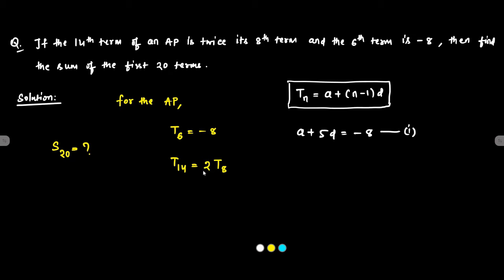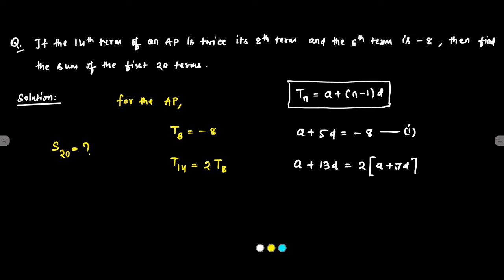Then we have T14 is equal to 2T8. So T14 is A plus 14 minus 1 into D. 14 minus 1 is 13. So A plus 13D is equal to 2 into T8, that is A plus 8 minus 1 into D, A plus 7D, 2 into A plus 7D.